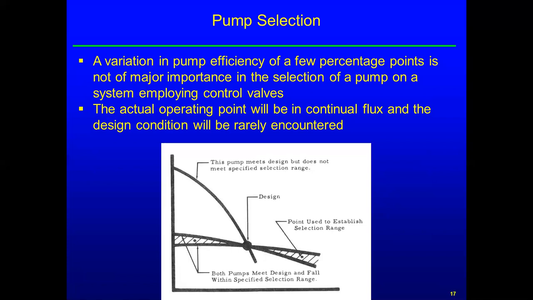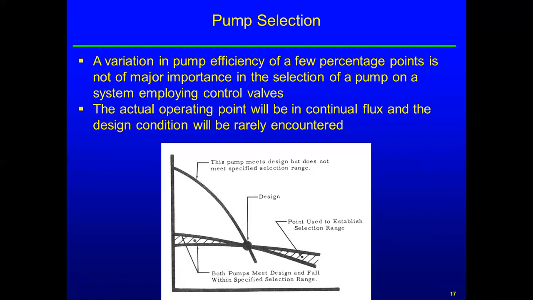The little dots over in the hatched regions indicate the minimum and maximum flow that is actually expected by the designer, and either one of the other two curves is acceptable, because you can get to the maximum flow and you don't fall off the end of the pump curve on either of those, and the minimum flow point was obviously acceptable, or that pump would not have been selected.